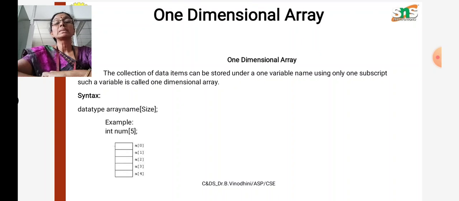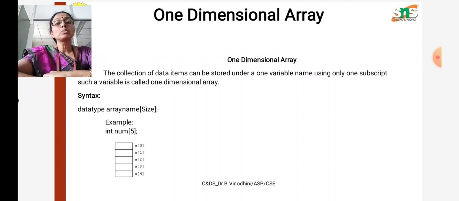Based on this declaration, the structure is created in memory. So we have the variable name num, and num[0], num[1], num[2], num[3], and num[4]. So we have 5 continuous memory locations for the variable num.